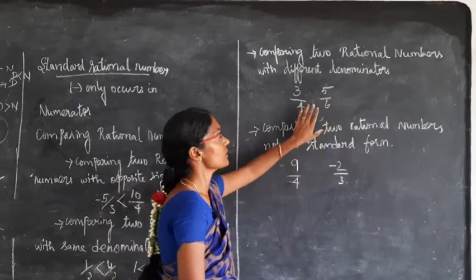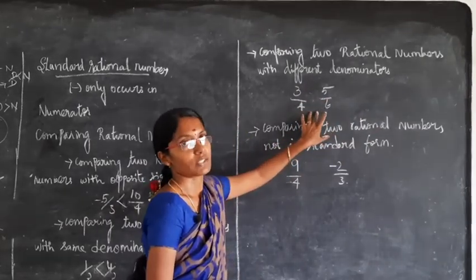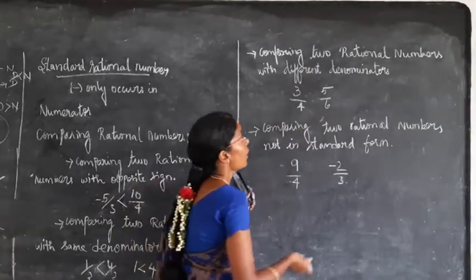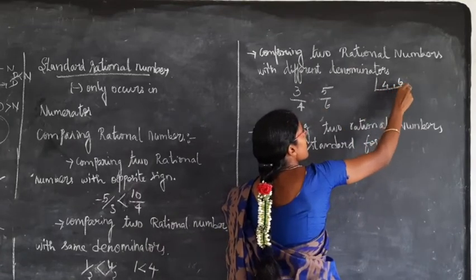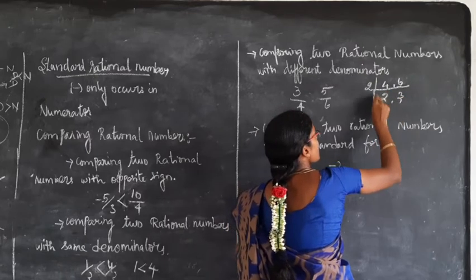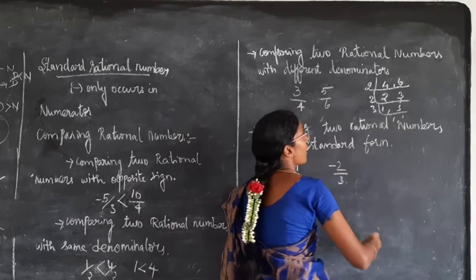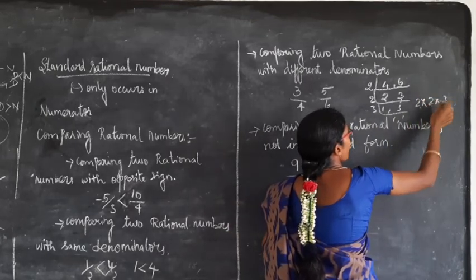Whether this is a proper fraction or an improper fraction, you have to take the LCM and make the denominators the same. So how will you take the LCM? 4, 6: 2 2s are 4, 3 2s are 6; 2, 1, 3, 3, 1, 1. So 2 into 2 into 3, 2 2s are 4, 4 3s are 12.